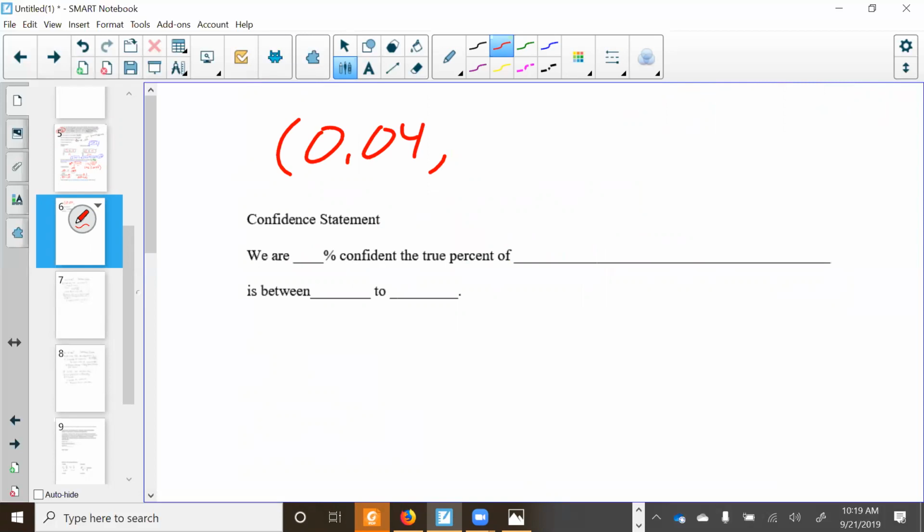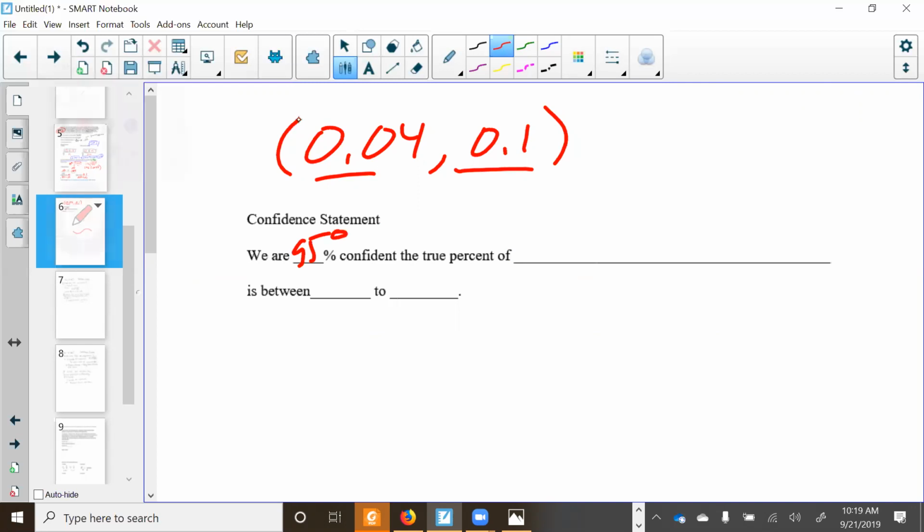If you've done pre-calculus or algebra 2 or college algebra, you've learned about intervals, and that's what this is. It goes from 0.04 up to 0.1. That's what our confidence interval was. This is the lower bound. That's the upper bound. We are 95% confident.